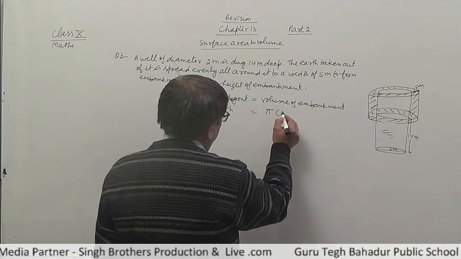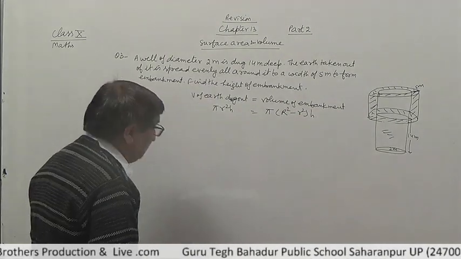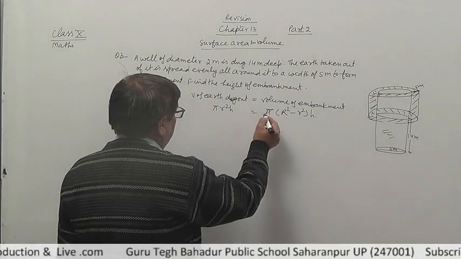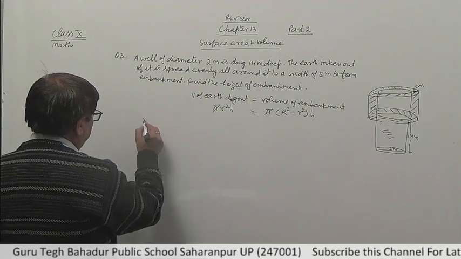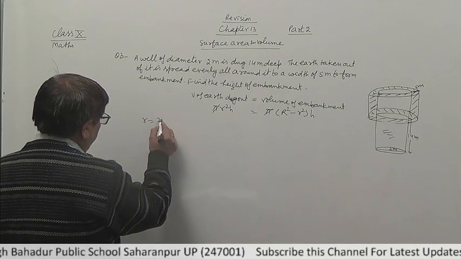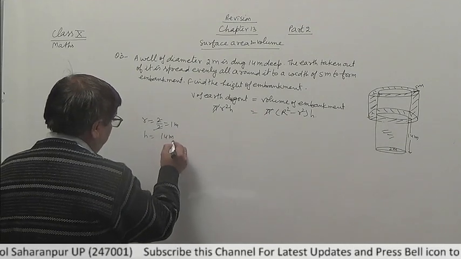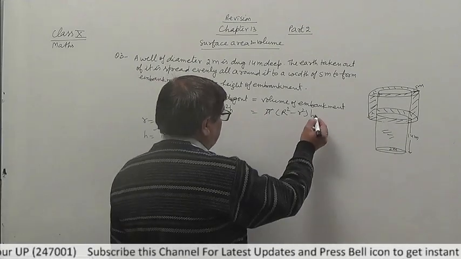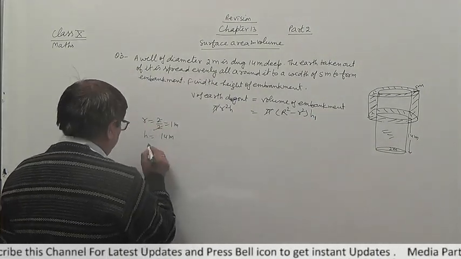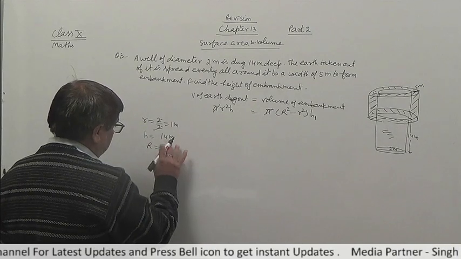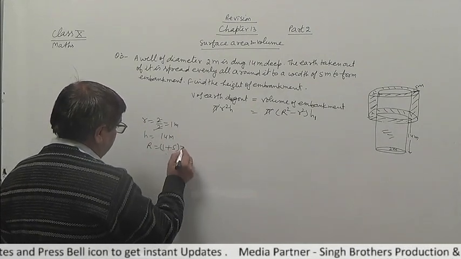It is pi into capital R square minus small r square into h. This pi and pi cancel. Small r is 2 by 2, that is 1 meter. Height is 14 meter, and you take this height as h1. And capital R is 1 plus 5, that is equal to 6 meter.